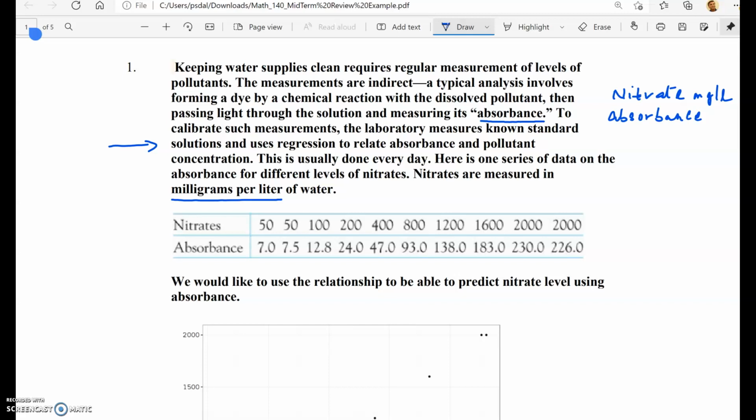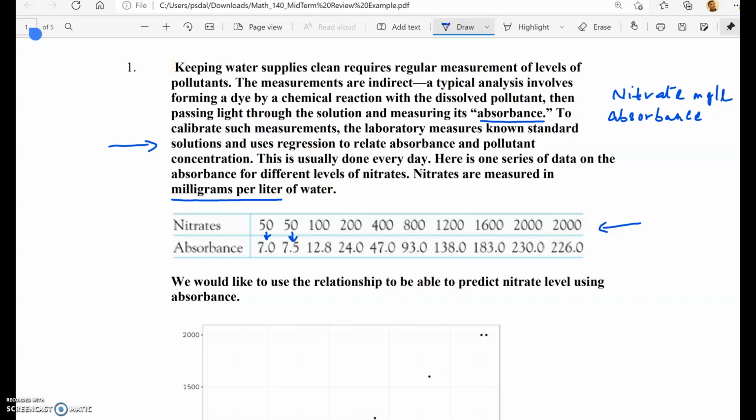The way the calibration is done is the nitrate levels are fixed in the solution, and for each the absorbance is measured. Okay, so this is how the calibration process is done.